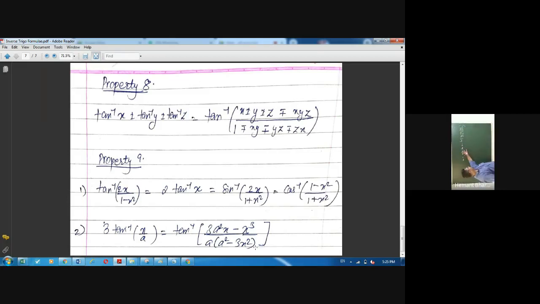Easy to remember. 3 angles were added, so I have added 3 angles. Then I have subtracted the product, and if you just remember the formula here, where you have positive, here you have negative. So first you are multiplying first and second, second and third, and then first and third.